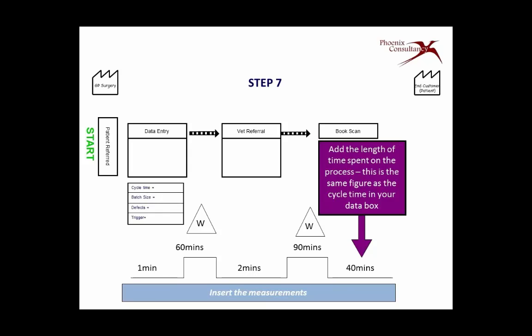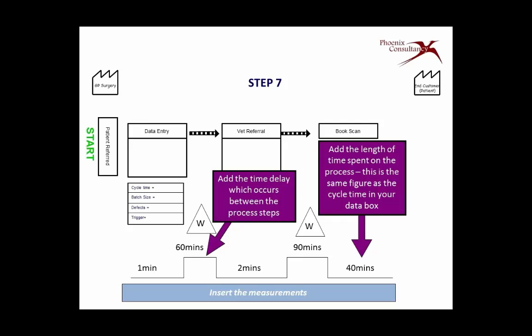But then you need to add the time delays between the process steps. So this is the time waiting between steps. Now, it may be that this is known to you. You may know what the waiting time is between steps already. So, for instance, in this one, which could be a radiology example, between vetting the referral and booking the scan, it might actually take 3 weeks.